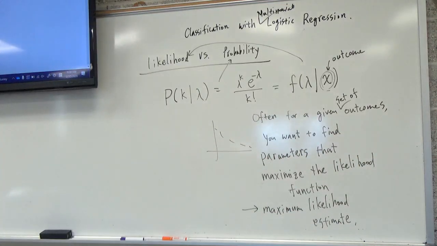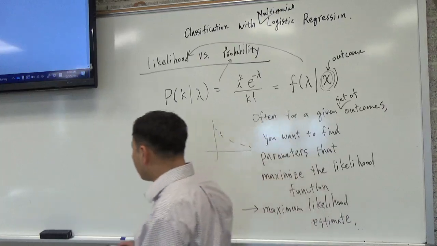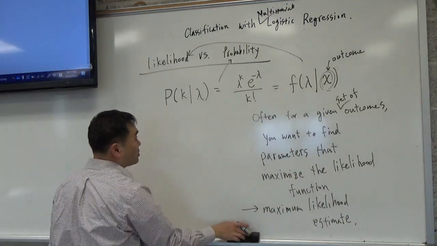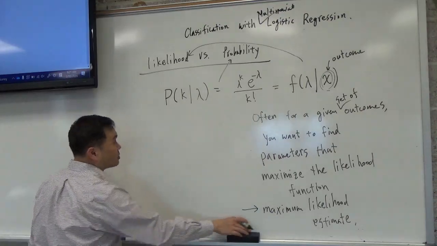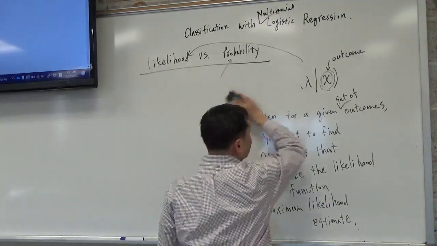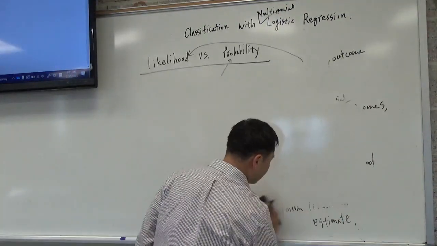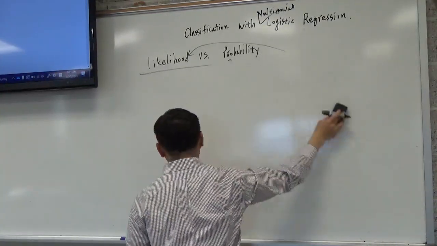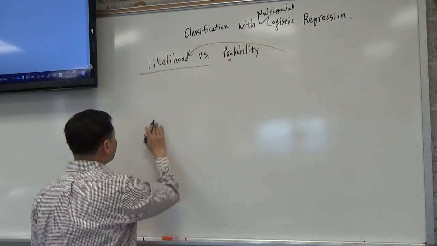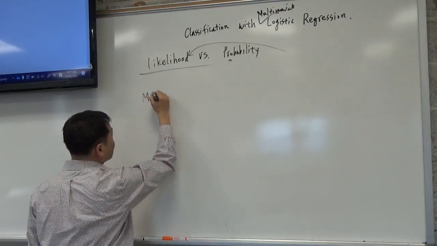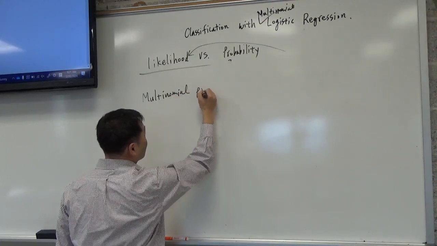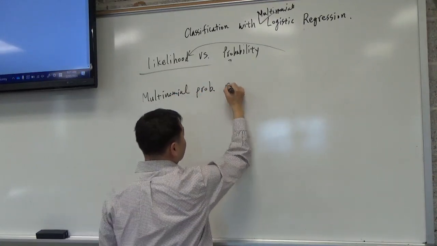So, what are we doing here? Once you understand what likelihood is versus probability, now let's think about the multinomial probability distribution.